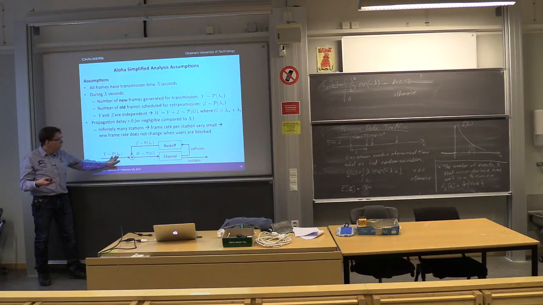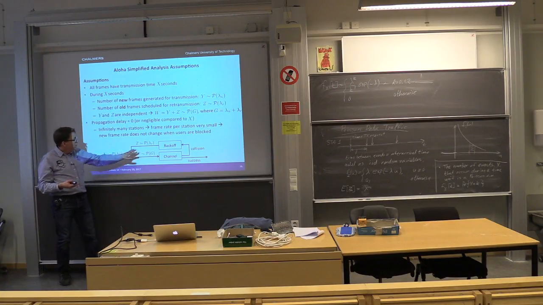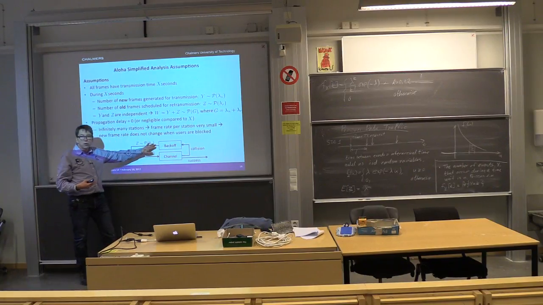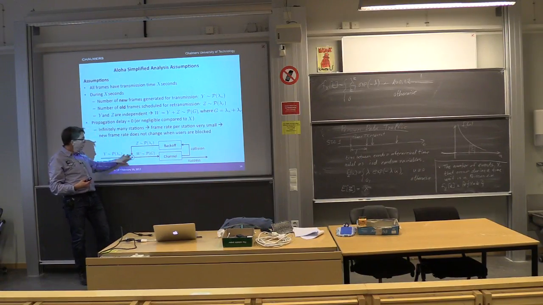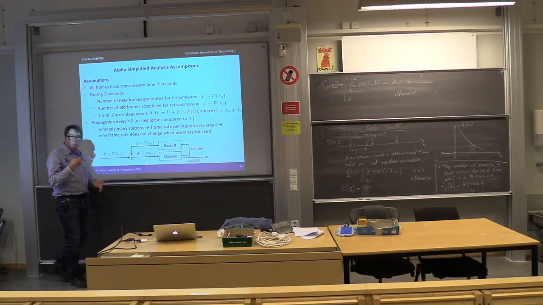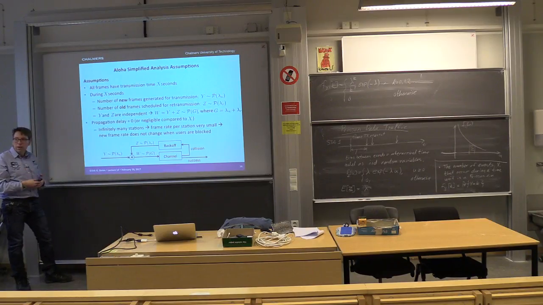These are new frames, and then there are frames which come through a backoff process. The sum of new frames and backoff frames is the total frames coming to the system for transmission, and that goes through the channel. If there is a collision, then a bunch of frames are scheduled for backoff and will be retransmitted at some later time. But some of them might go through.